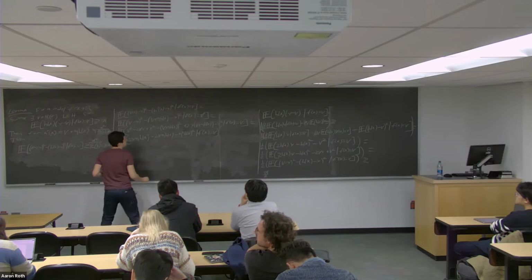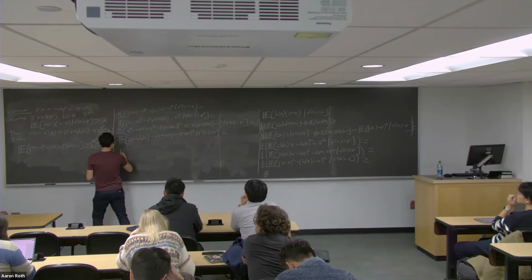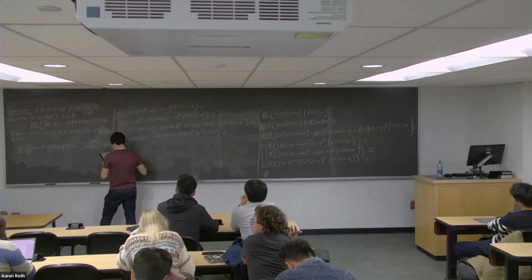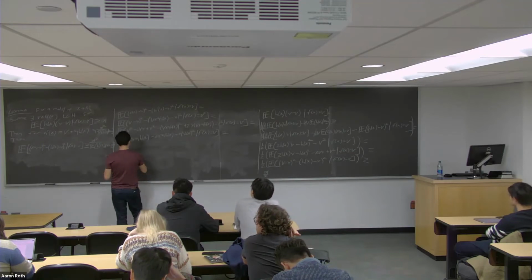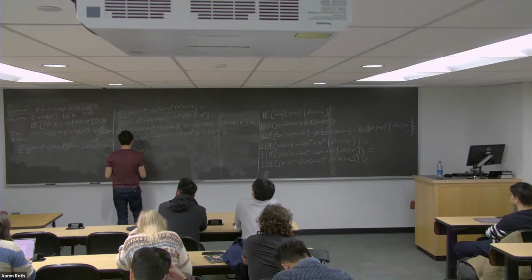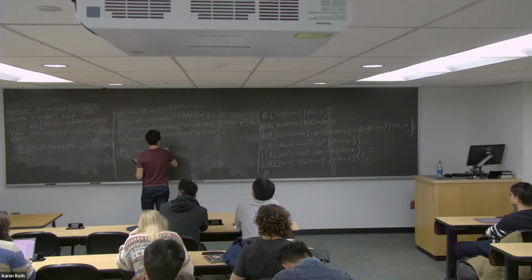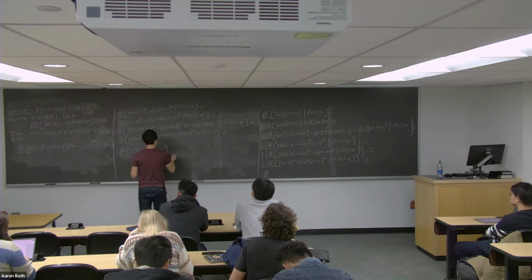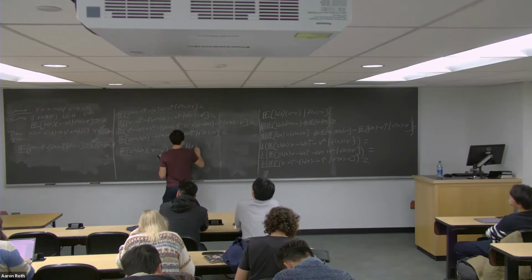And I can rewrite this as the expectation, just combining these two terms, of 2 eta h of x times y minus v, minus eta squared times h of x squared.